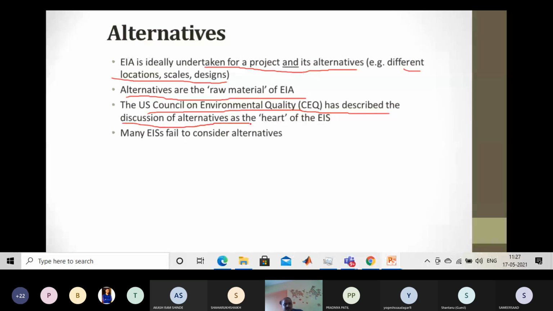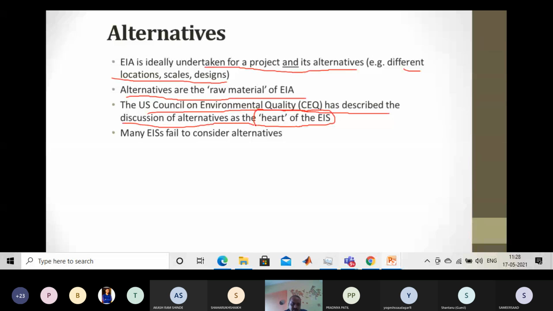Alternatives need to be studied properly so that the correct, efficient option can be selected. If you select one site and only on that site you are supposed to construct the industry, then the study available to you covers only that site's effects.